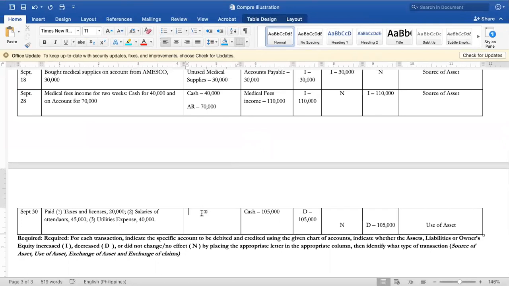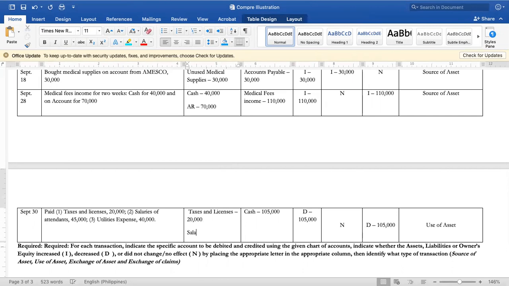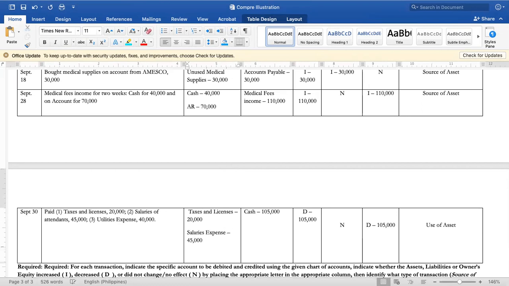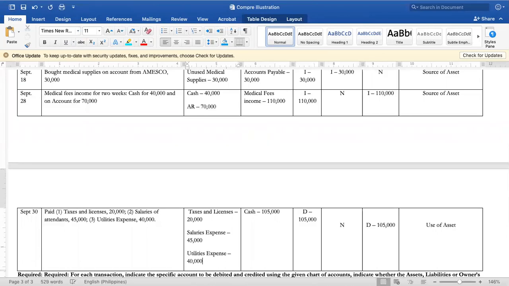So, you have, let's say, taxes and licenses. That's debit, 20,000. Another debit, you have salaries expense, that is 45,000. And another debit, you have utilities expense, that's 40,000.